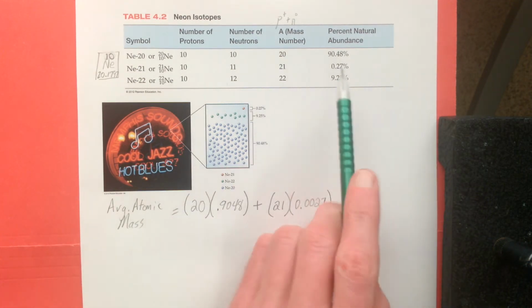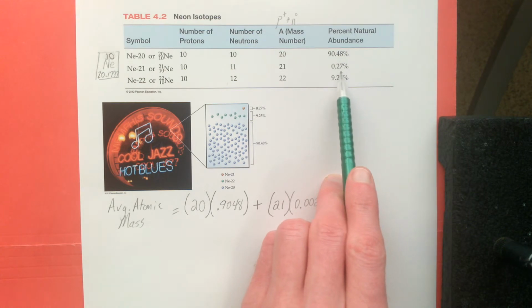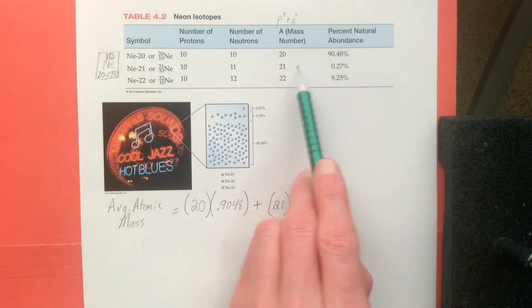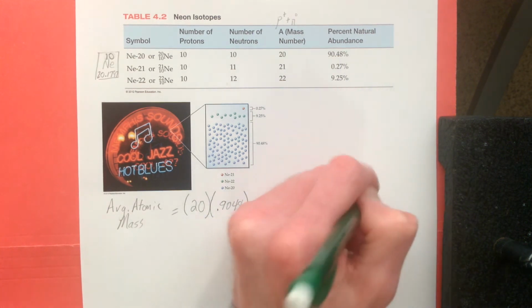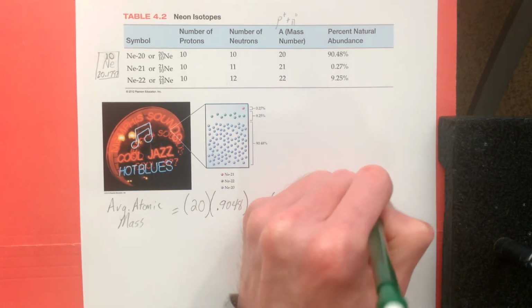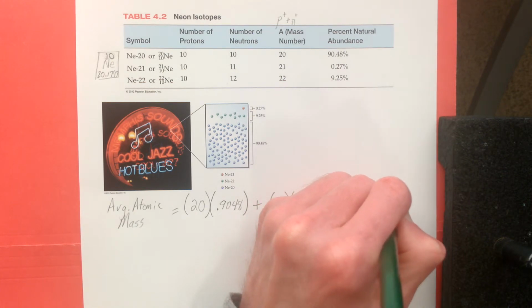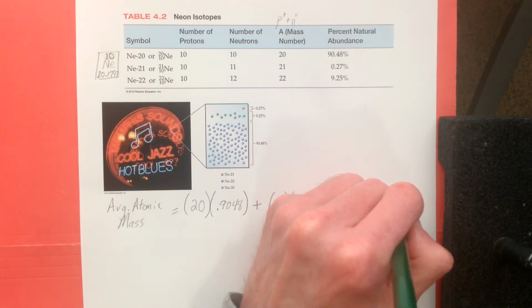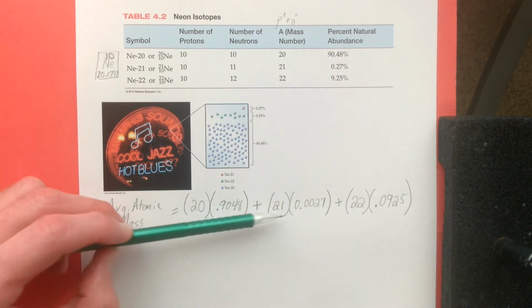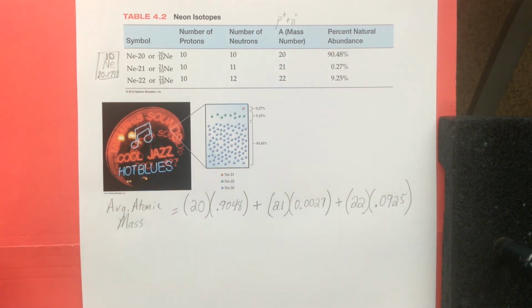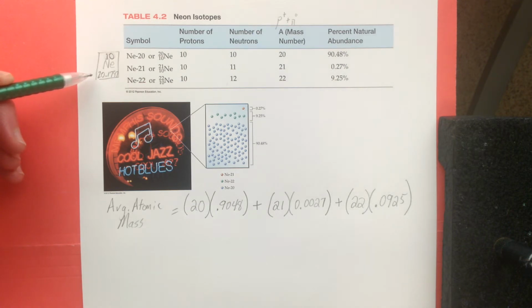Now notice I changed that back to decimal form, so I'm moving the decimal 2 places to the left, and then plus the third isotope with a 22 mass, and the abundance, I change it back, is 0.0925. Okay. When I solve this equation, this will give me the average atomic mass. This will give me the mass number from the periodic table.